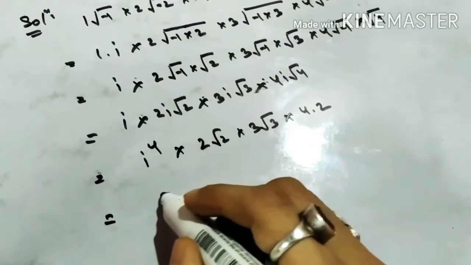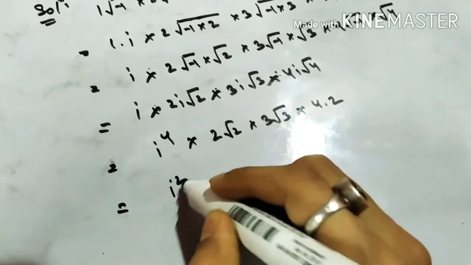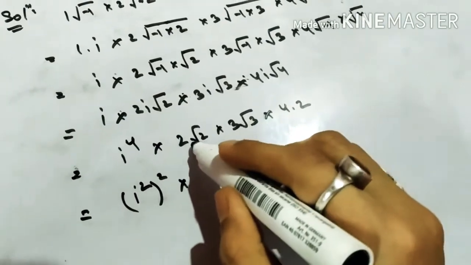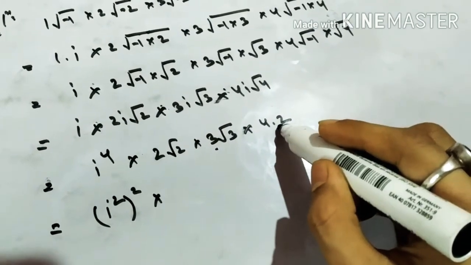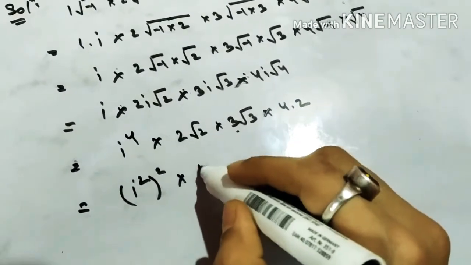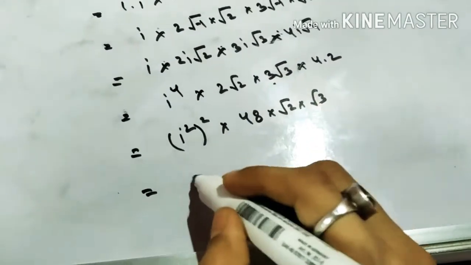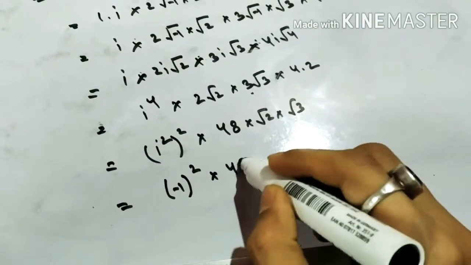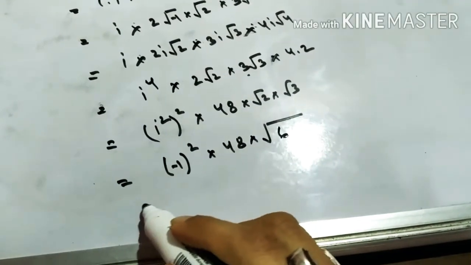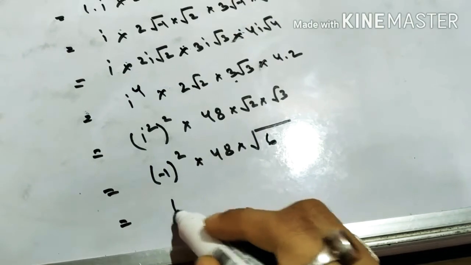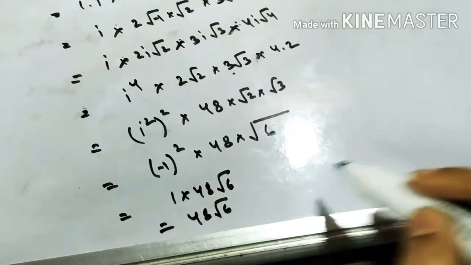So I can write this as (i²)² into 2 3s are 6, 6 4 2s are 8, so 6 8 are 48, 48 into √2 into √3. So this will become (−1)² into 48 into √6, which is 1 into 48√6, equal to 48√6.